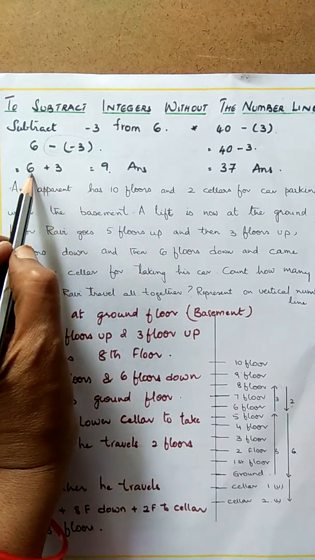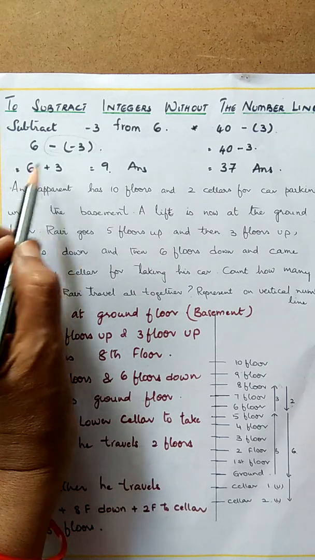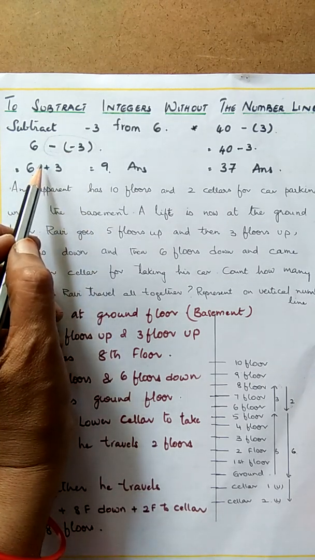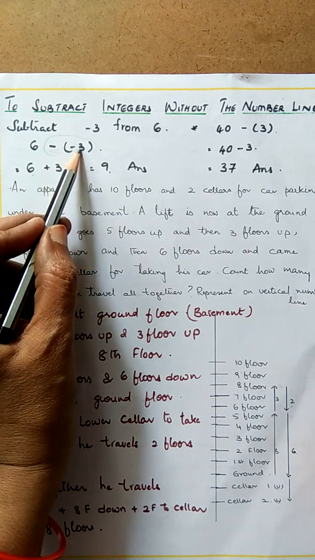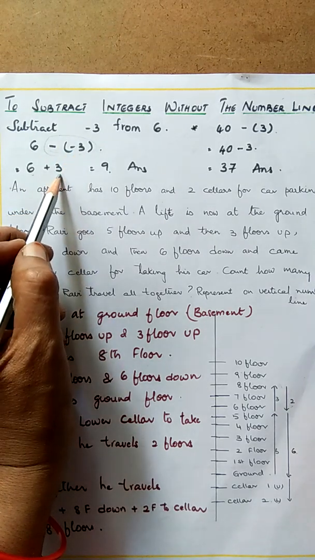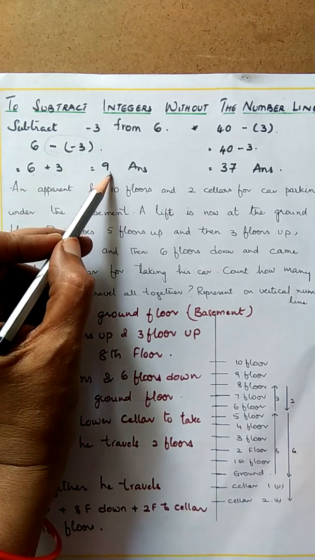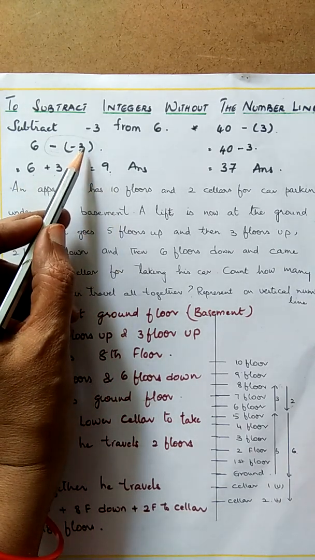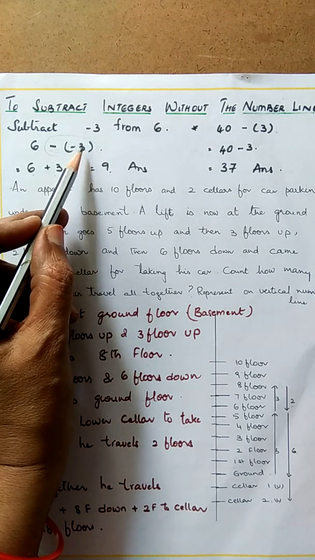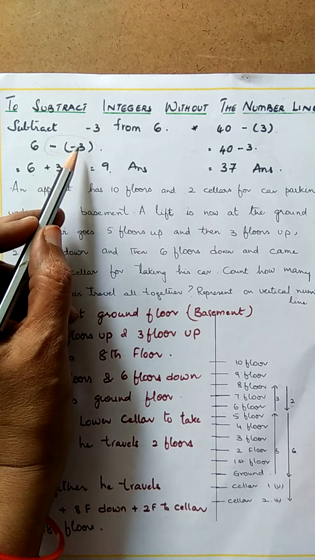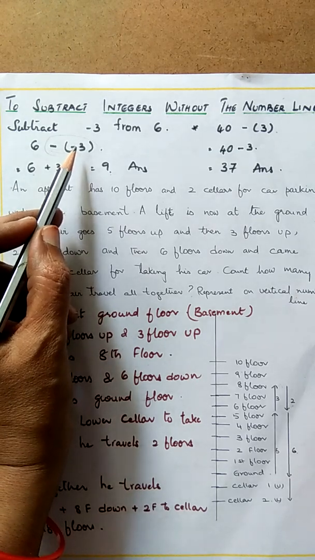So, write 6 as it is, and the subtraction becomes addition, because the number is negative, so you will take plus 3. So, 6 plus 3 will give you 9. So, here we have used the additive inverse of minus 3.